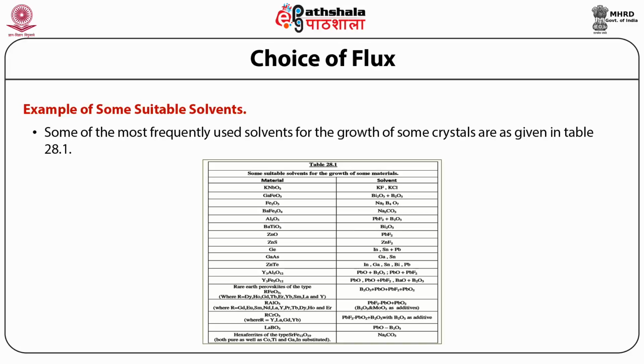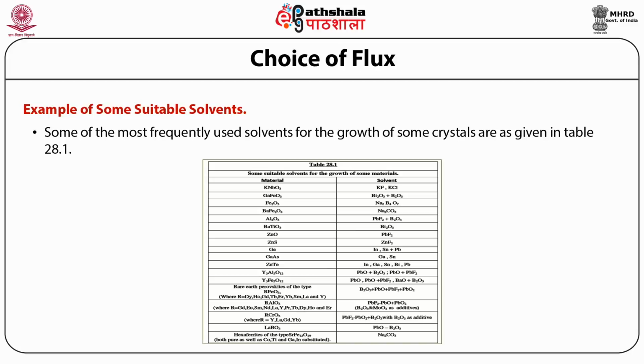For BaTiO3 material, the solvent used is Bi2O3. For ZnO material, the solvent used is PbF2. For ZnS, the solvent used is ZnF2.